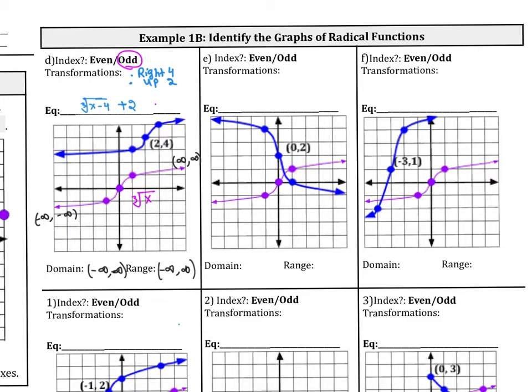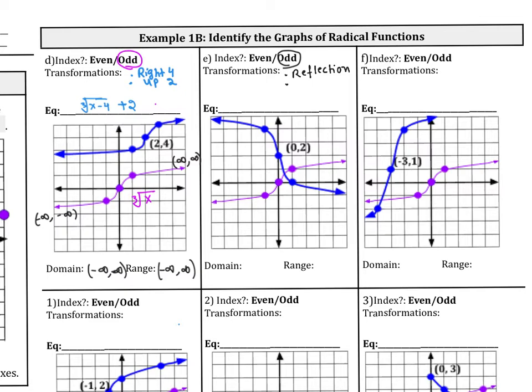For letter E, this is going to be an odd one, and you can see that the direction of this graph should be like this, and if it's the opposite way, then it should be a reflection. So one of the things that we knew for sure is that this is a reflection.